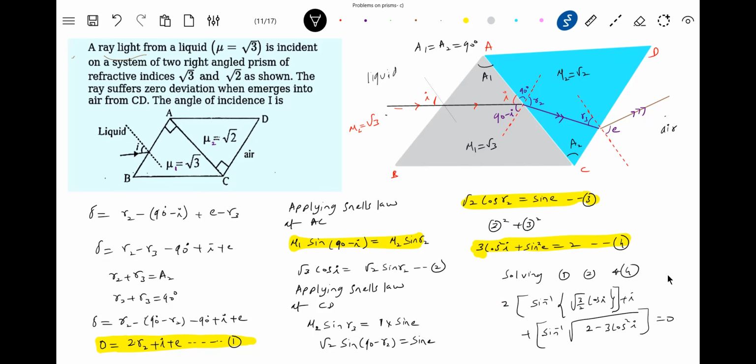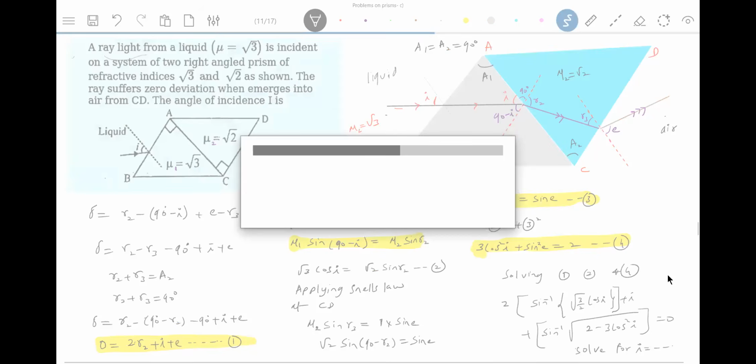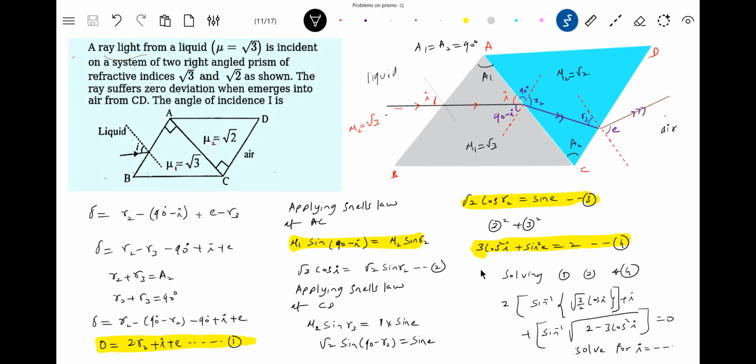We have to solve this for I, we'll get the required answer. Okay, a little bit lengthy calculation, I just shared the idea. Okay, we'll proceed to the next problem.